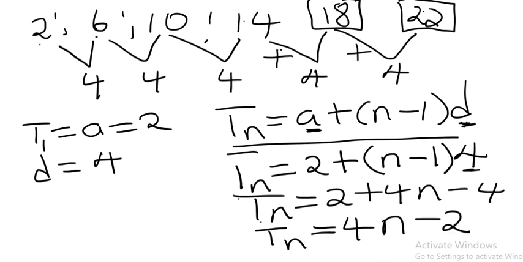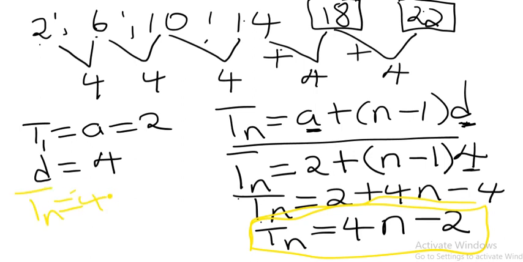So guys, that is our general term, this one there. Our general term is given by Tn is equal to 4n minus 2.